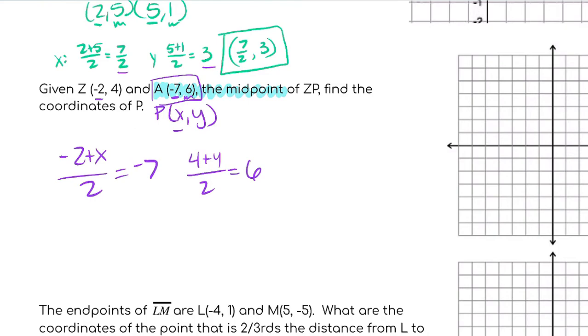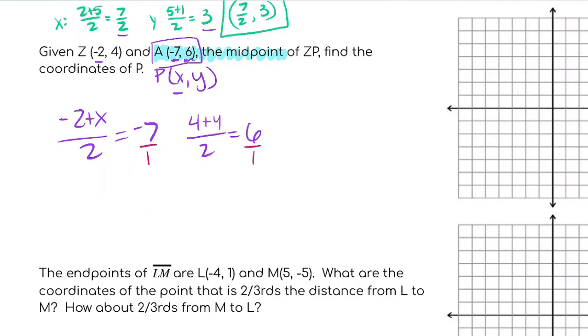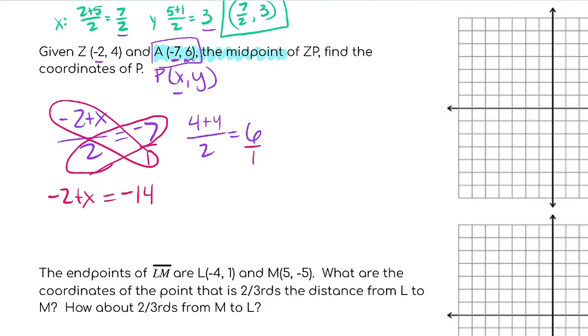Probably the easiest way to think about the solving is to put your number on the right over 1, creating a proportion, and then cross multiply. So 1 times -2 plus x would just be -2 plus x. Cross multiply the other way. 2 times -7 is -14.